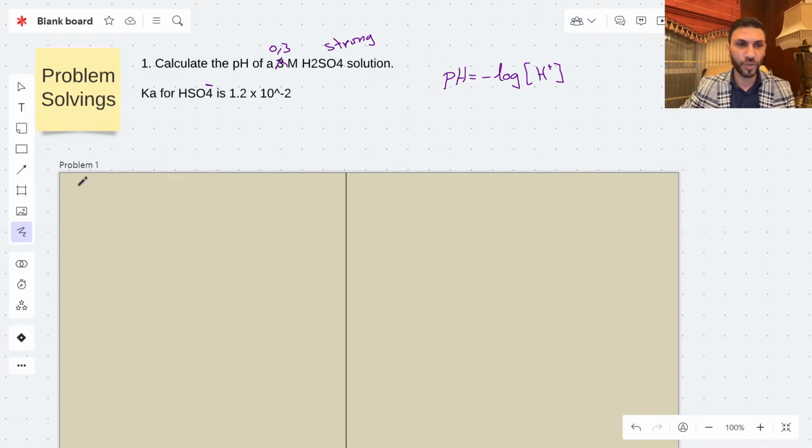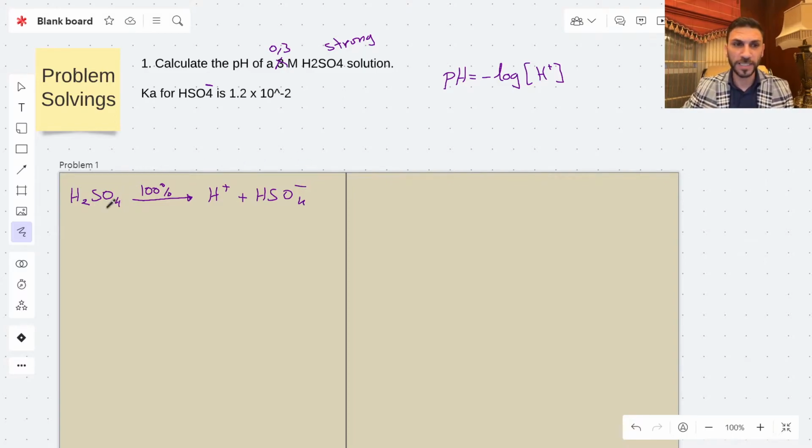The first step is to write the initial acid, which is H2SO4, and this is a very strong acid, so it ionizes 100% to give you the H+ plus HSO4-.